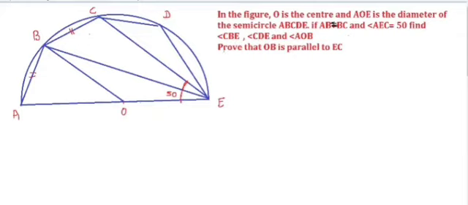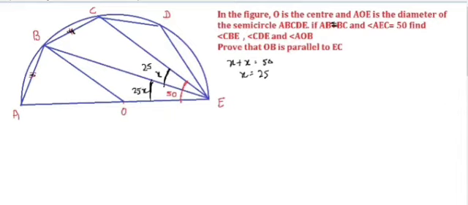Now if AB is equal to BC, then they will subtend equal angles on the circle. So here this angle and this angle, both will be equal. If I take this angle as x, this will also be x, so x plus x is 50, or x is 25. So this angle is also 25 and this angle is also 25.